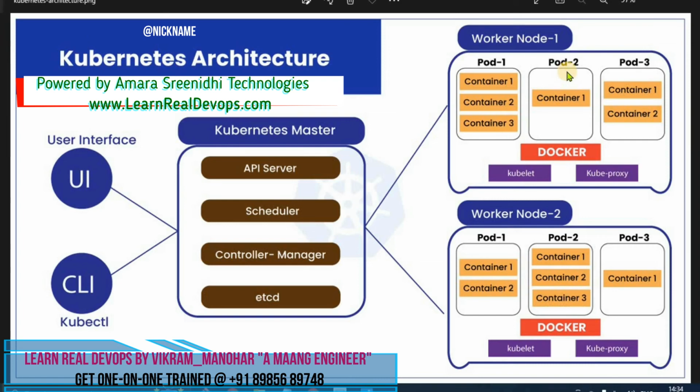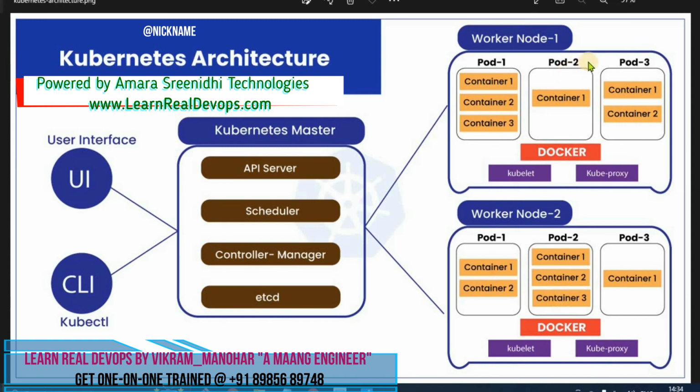And there is something called scaling also. Whatever you want to scale in Kubernetes, you will be scaling the pod. For example, if you have an application like Facebook, and you want to create 6 containers or 6 replicas, then Kubernetes will create 6 separate pods, and in each pod there will be one container running.